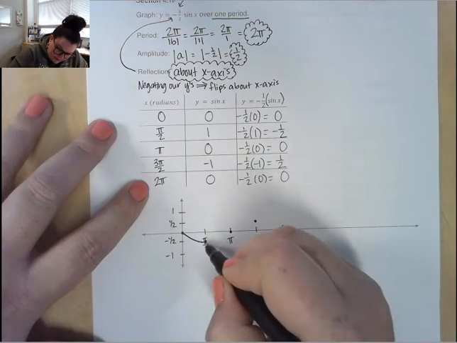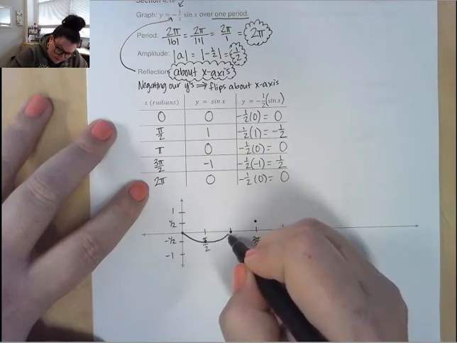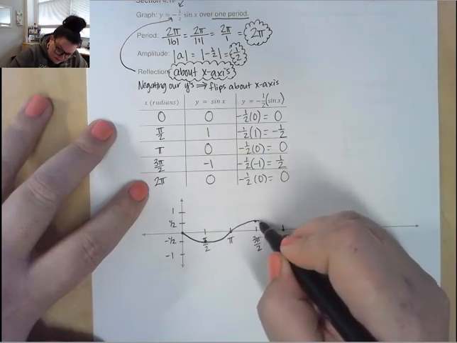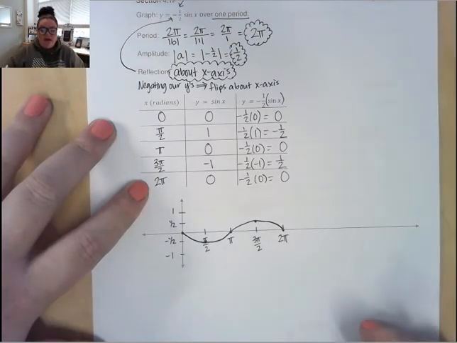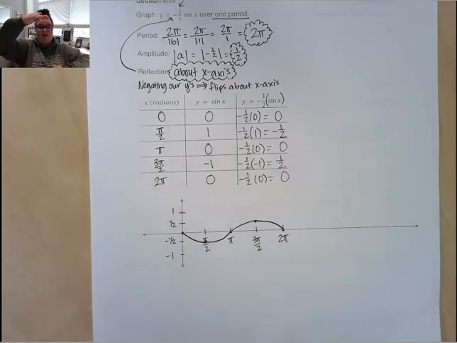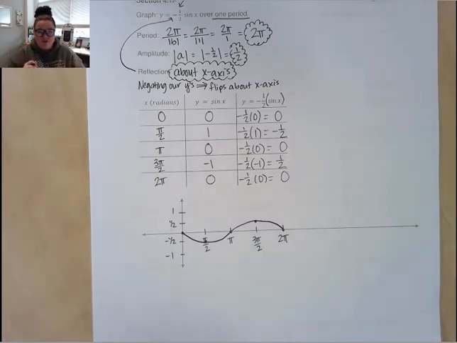Again, we should have nice semicircle type shapes. And you can obviously see that our graph has been squished, right? You can think about this as a vertical shrink.